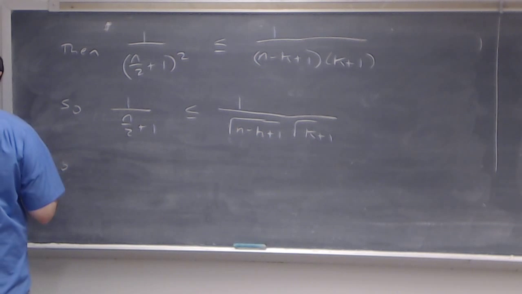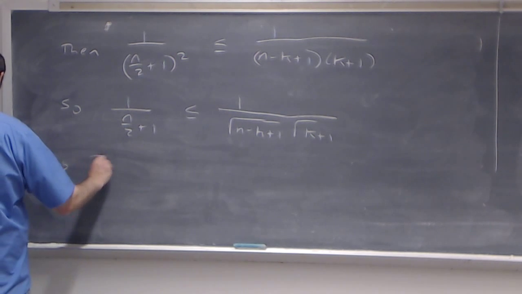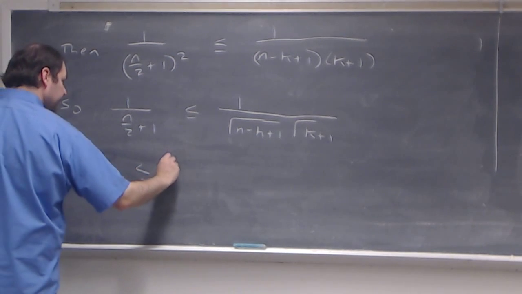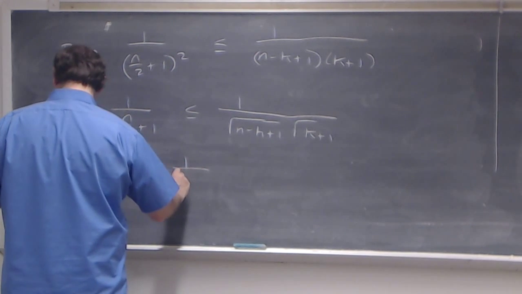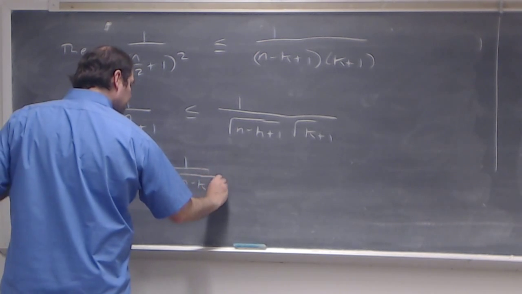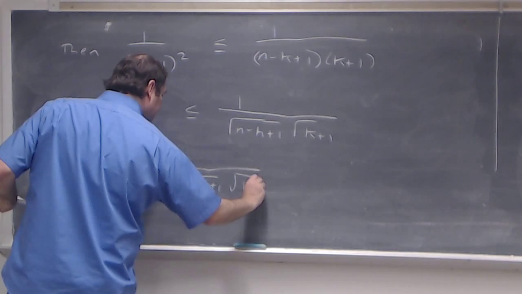So 2 over n + 2 is less than or equal to 1 over the square root of n − k + 1 times the square root of k + 1.